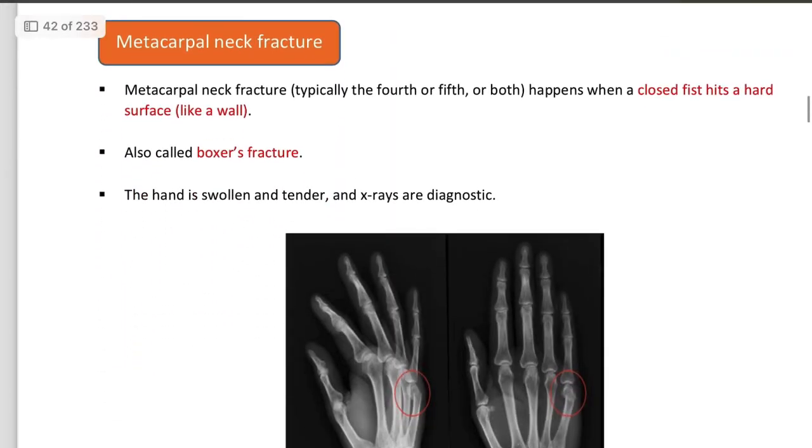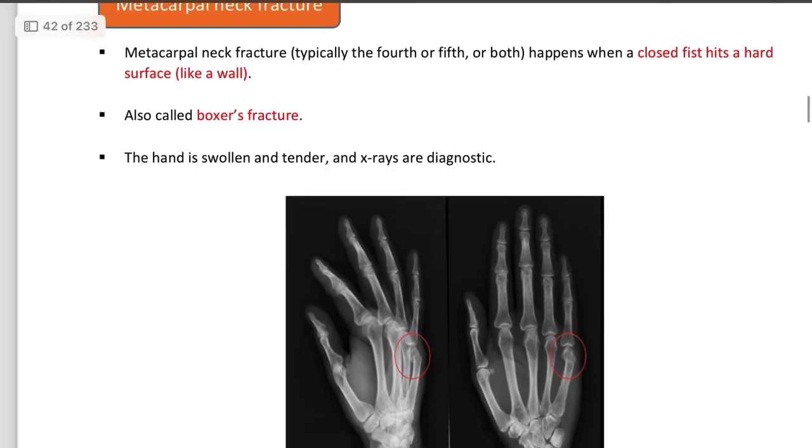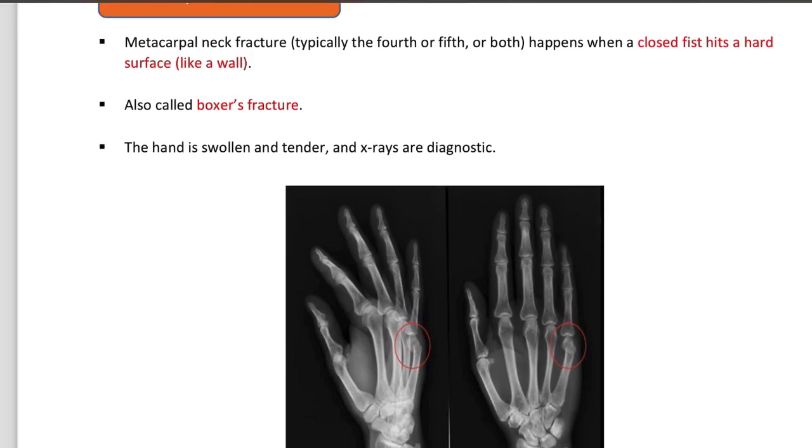Metacarpal neck fracture, also known as boxer's fracture. In boxer's fractures, it usually involves the fifth metacarpal neck. You can see this image here in X-ray. It is caused by punching a hard object, as in boxing.